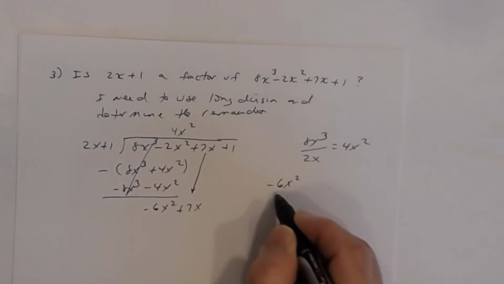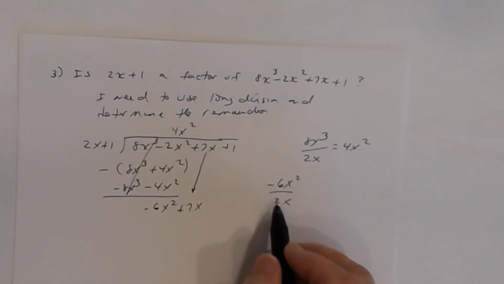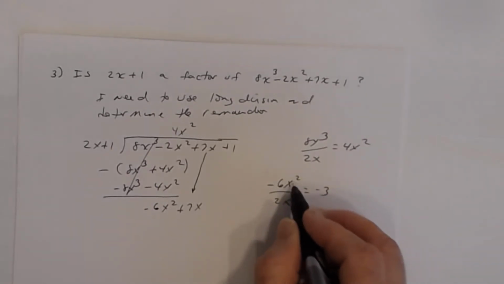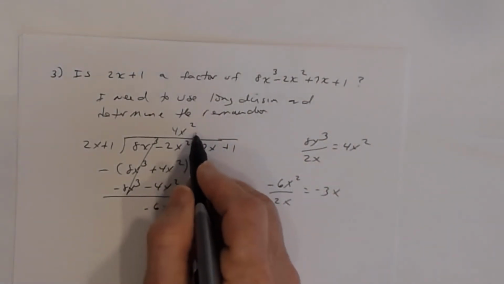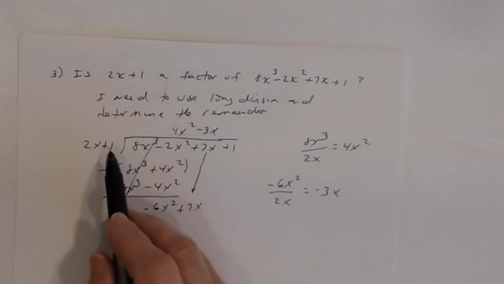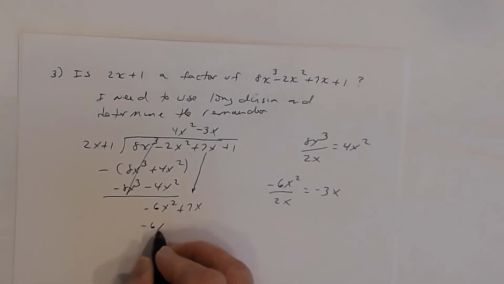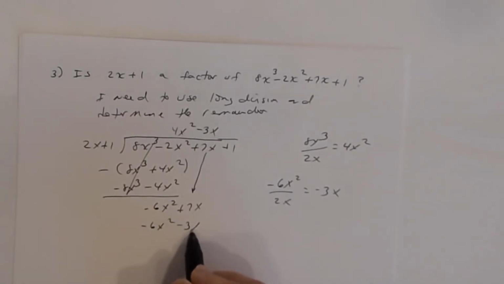Negative 6x squared divided by 2x. Remember, that's negative. So negative 6 divided by 2 is negative 3, and x squared divided by x is x. So that goes here: negative 3x. And then you multiply. Negative 3x times 2x is a negative 6x squared. Those have to be the same. Negative 3x times 1 is a negative 3x.